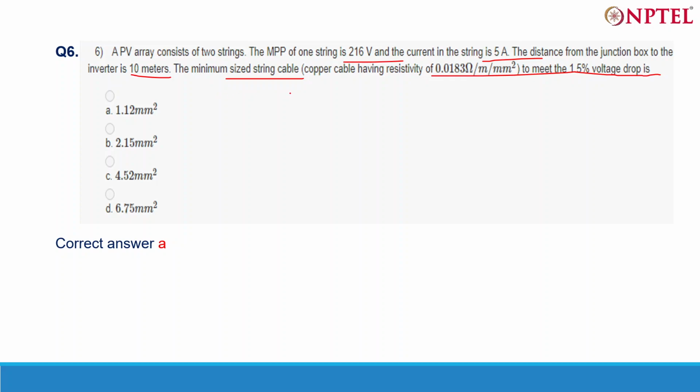First, you need to identify the data given in the question. When you identify the data, you will be able to solve most of the question. Okay, so data is given, MPP is given, so write it, MPP. How much is that? 216. And current in the string, okay, it's given 5 ampere.